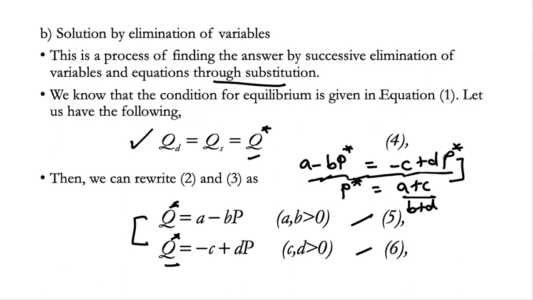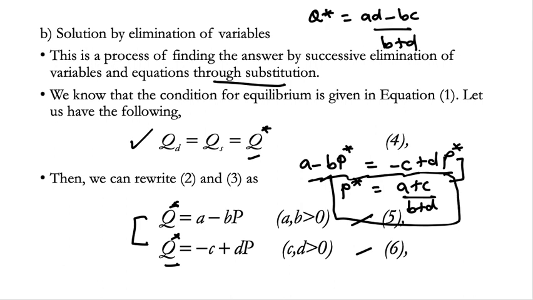So if you substitute it and solve it, you can get Q star equals to AD minus BC over B plus D. I won't show you the algebra here because this one is extremely easy. So here we have equilibrium price as this, and we also have equilibrium quantity as this.